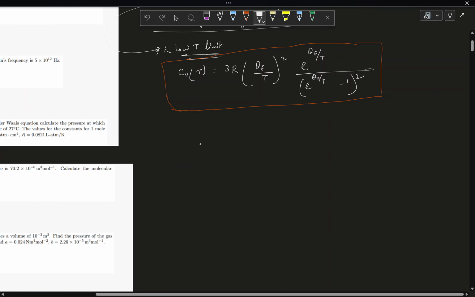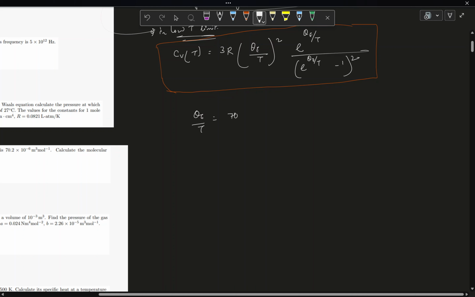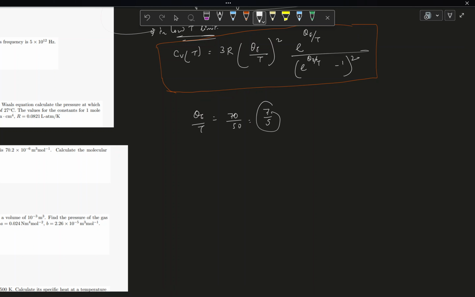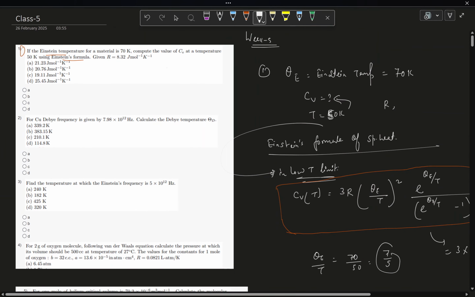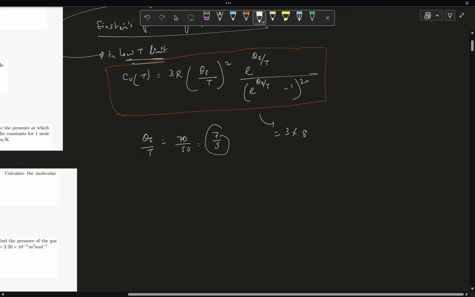Now you just have to take the ratio of theta E by T. In our case theta E by T is 70 by 50, which is 7 by 5, and you put this in the expression. The value of R in the question is 8.32 joule per mole Kelvin, in SI. So it is 8.32 into 7 by 5 whole squared.